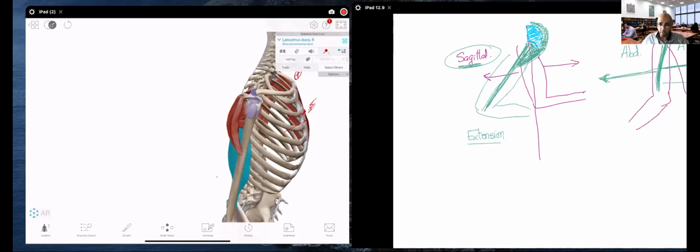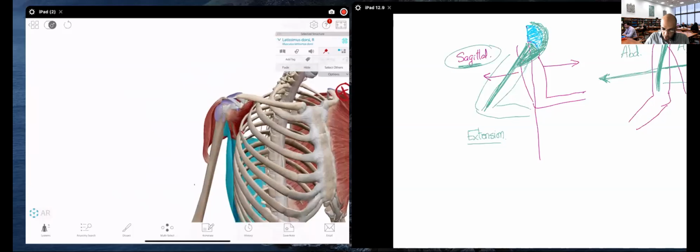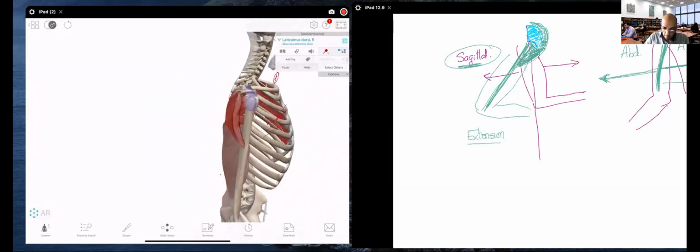So, can you answer my question now? Latissimus dorsi, if we're looking on here, gets its origin from the back. It's going to be pulling this point on the arm backwards.